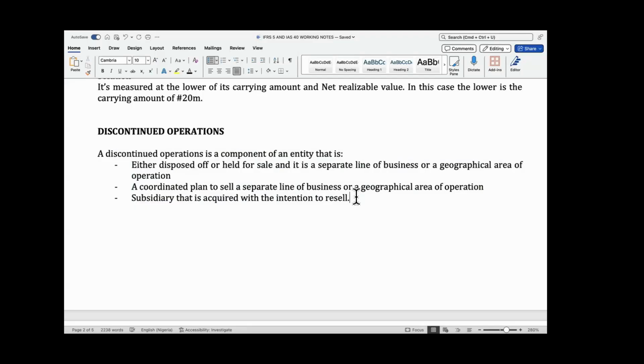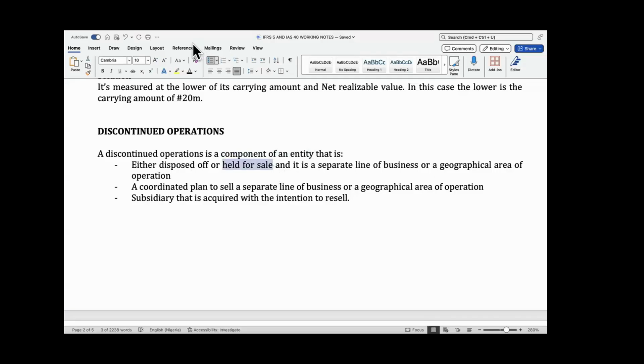So after building a context for you, making you understand that a discontinued operation is a company on its own or part of a company, I came about this definition from IFRS 5 that says it is a component of an entity, and it is either disposed of or held for sale. So it's either you have sold it or you are holding it for sale.